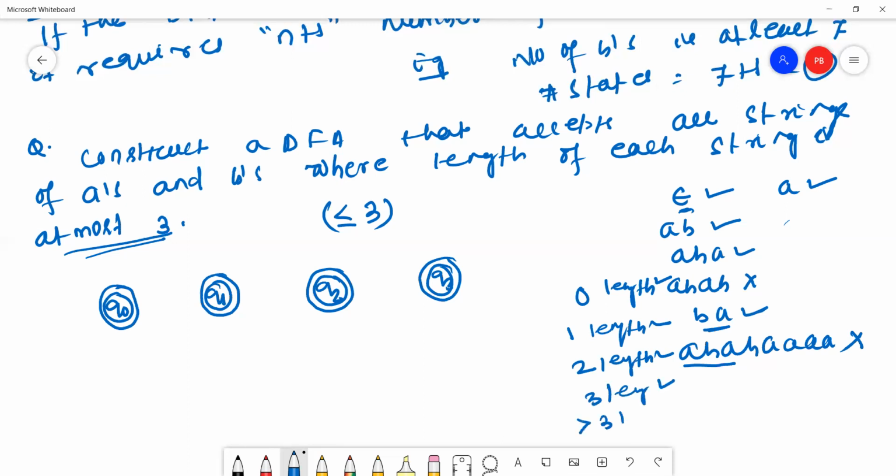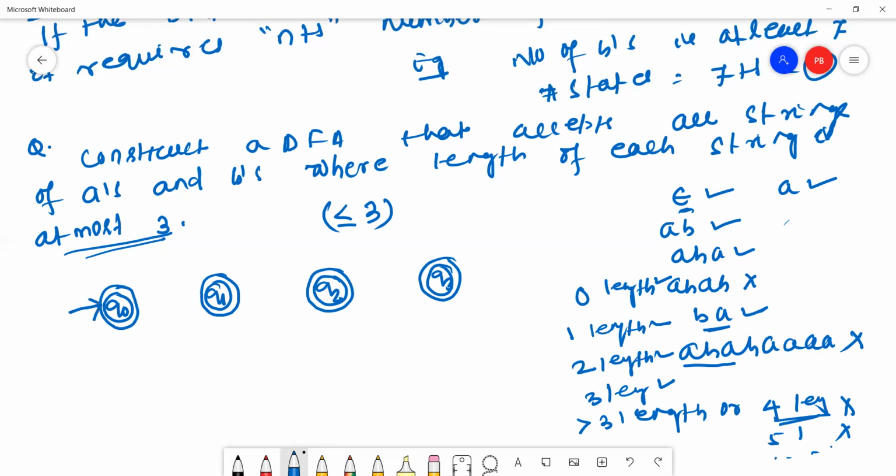Greater than three length string, or we can say like four length string, for example. Greater than three means it may be four, maybe five, etc. So all are invalid.